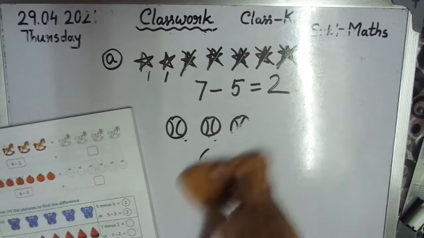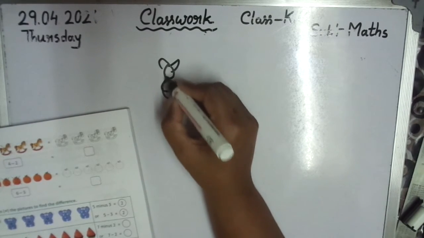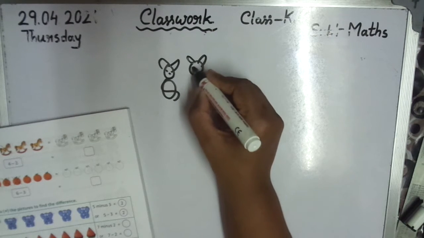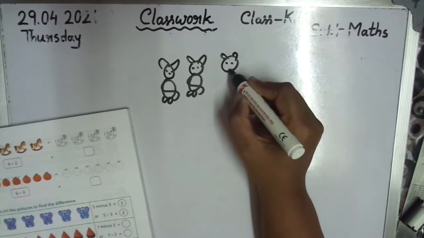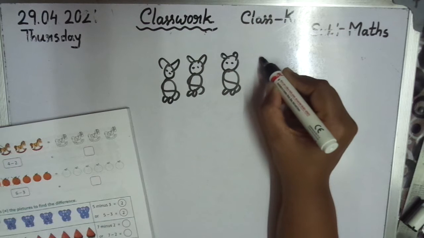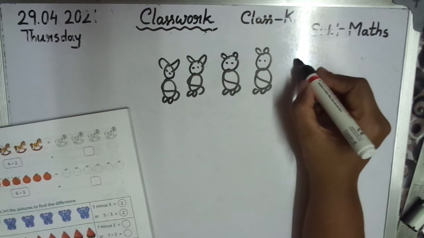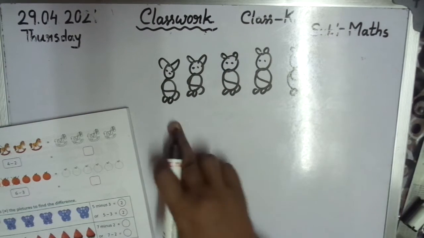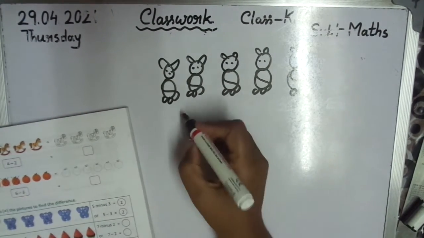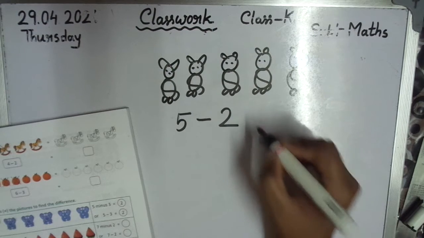Next. 1, 2, 3, 4, 5. Okay, 5 minus 2 is equal to.